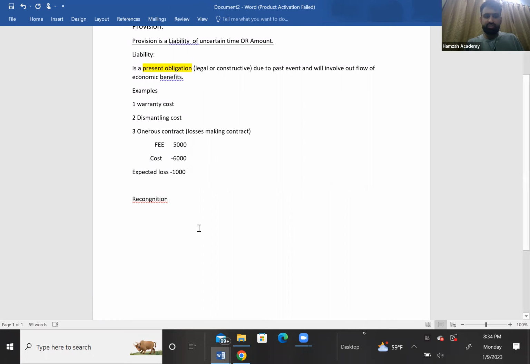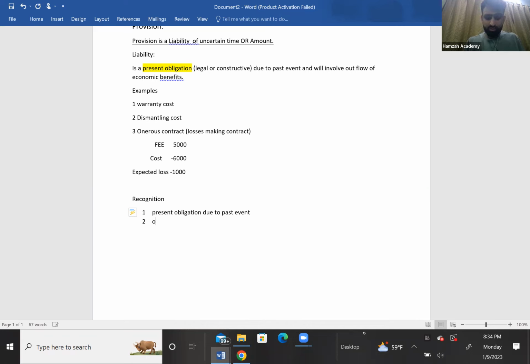Now, recognition. When should a provision be recognized? A provision will be recognized if, number one, there is a present obligation due to a past event.